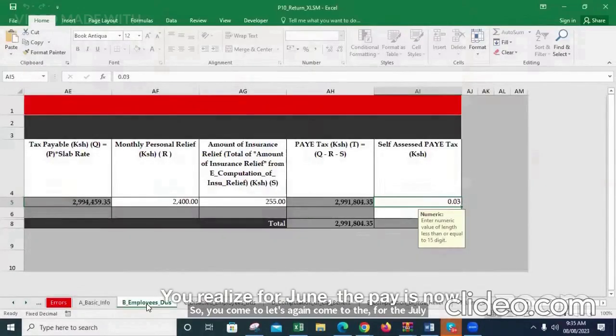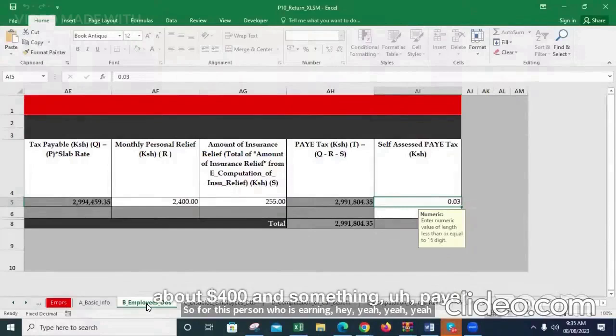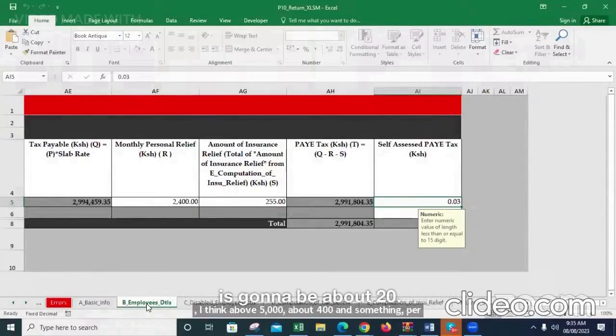For June, the PAYE is now 2.991, but the July one is about 3.4. For this person earning about 400,000 and something, PAYE has gone up by about 400. Those are how the rates have been implemented.